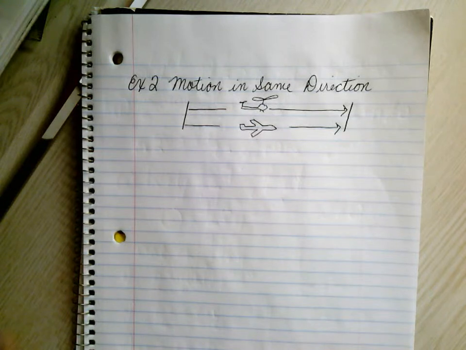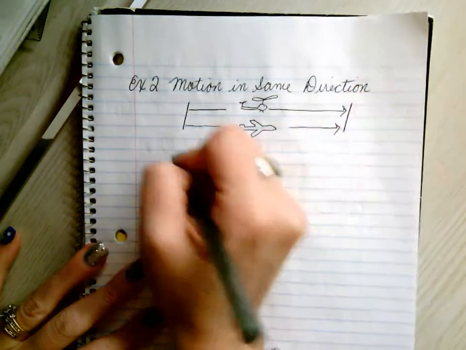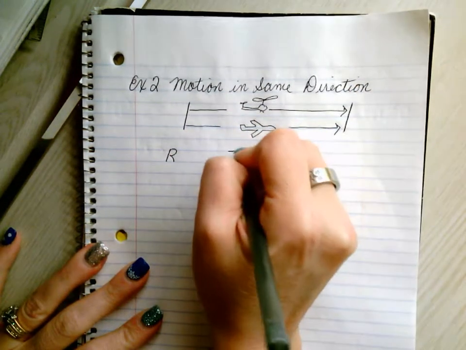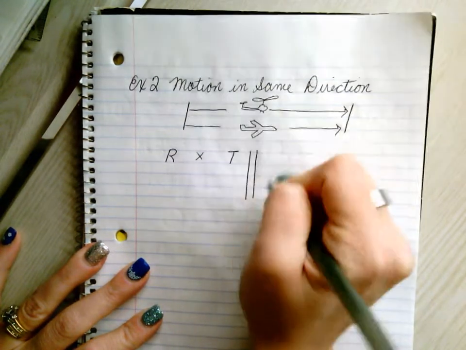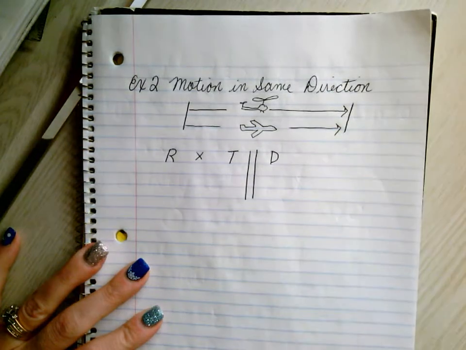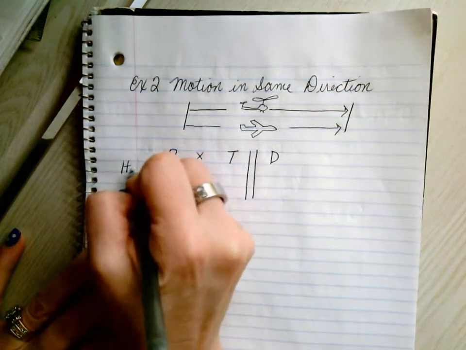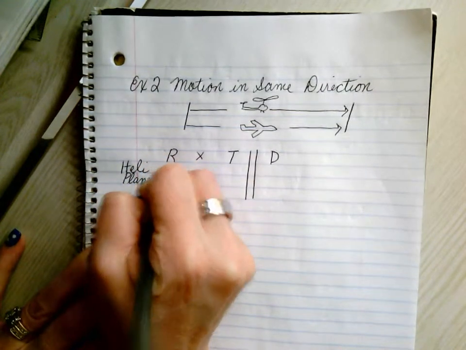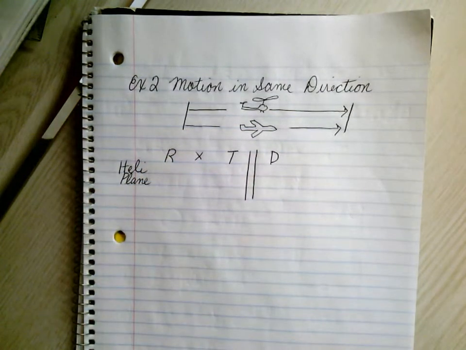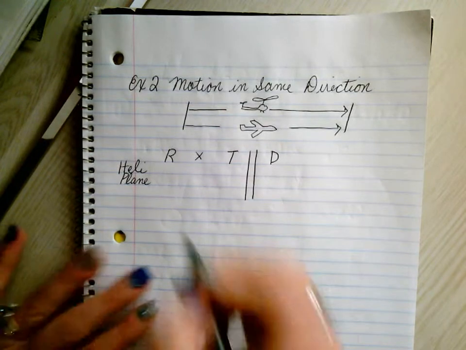Okay, let's see what we know. We know, again, rate times time equals distance, right? We know the helicopter has some information. We know the plane has some information. Did they give us clear-cut rates? Helicopter's 180.